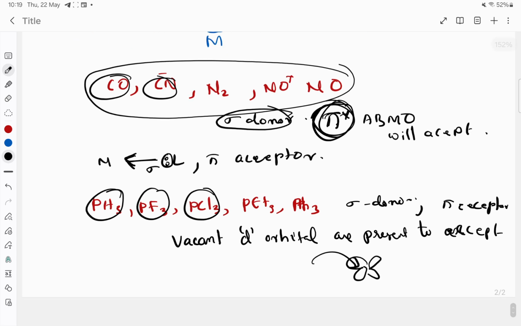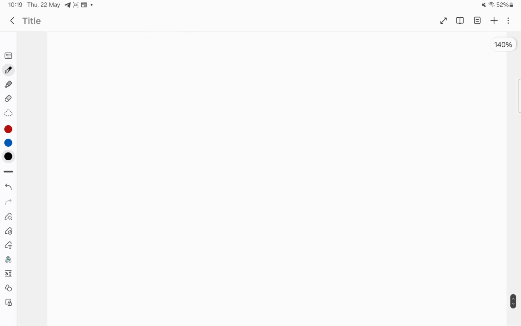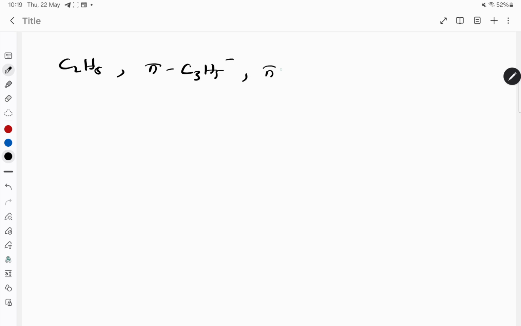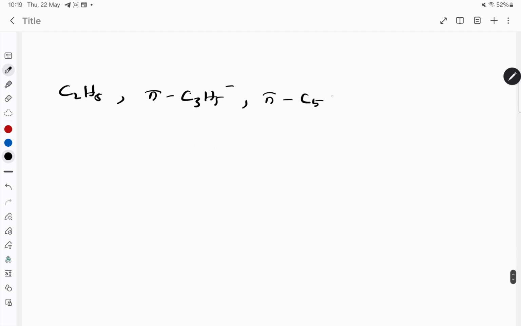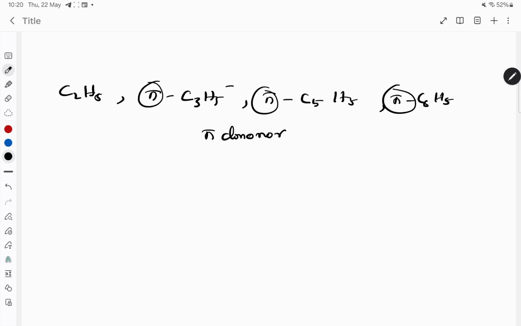Now some more examples are C2H4, pi C3H5, pi C5H5 and pi C6H6. These are all giving through the pi system itself, so they are pi donors and also pi acceptors.